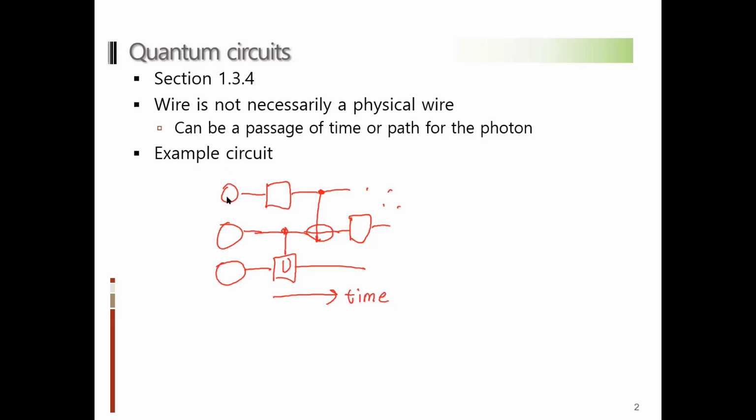The quantum memory stays at the same location, and what this circuit represents is the history of what will happen to the information stored in this quantum memory. So you don't get confused if you see this kind of circuit shape and expect that we will actually draw or wire the circuit. There is no such thing.